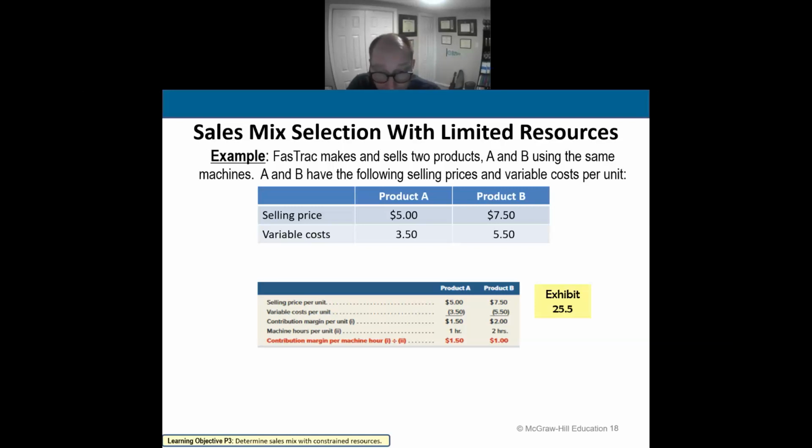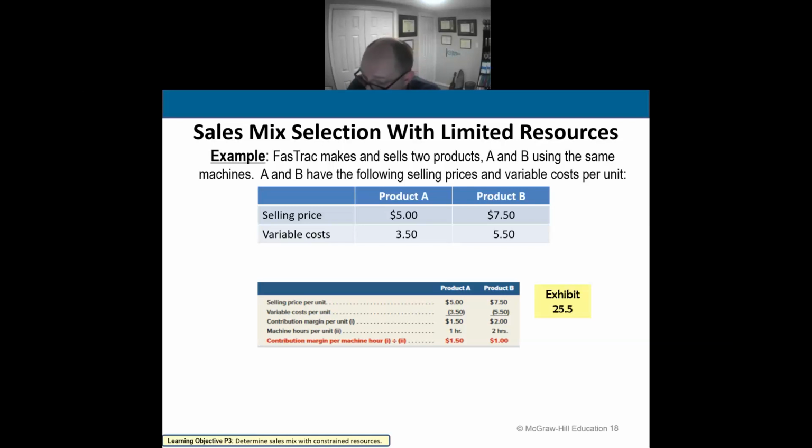So for product A, our base model, it's $1.50 divided by 1 hour is $1.50. For product B, $2 contribution margin divided by 2 machine hours per unit equals $1 contribution margin per machine hour.